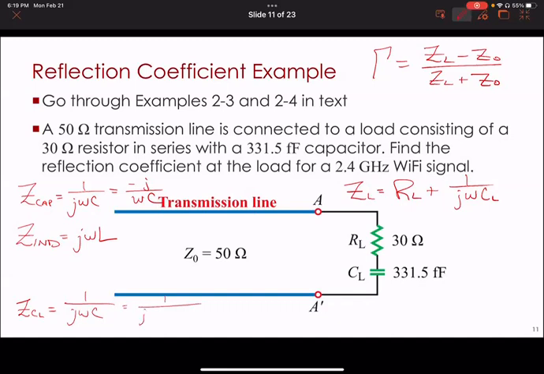So what's omega? 2 pi f times our c, 331.5 times 10 to the, think about it, because you could be faced with this on some 50, okay? Femto. The little f is femto.